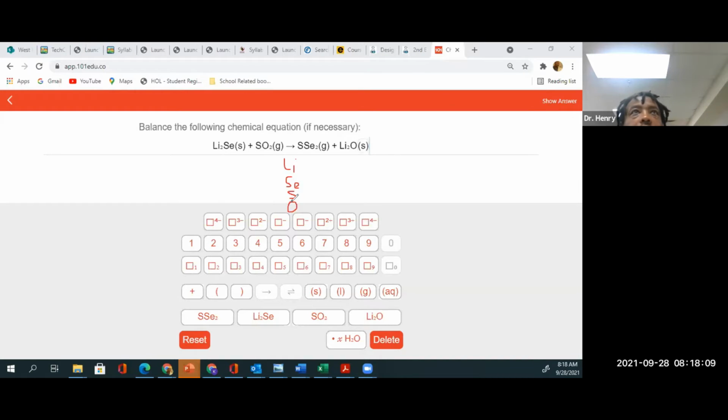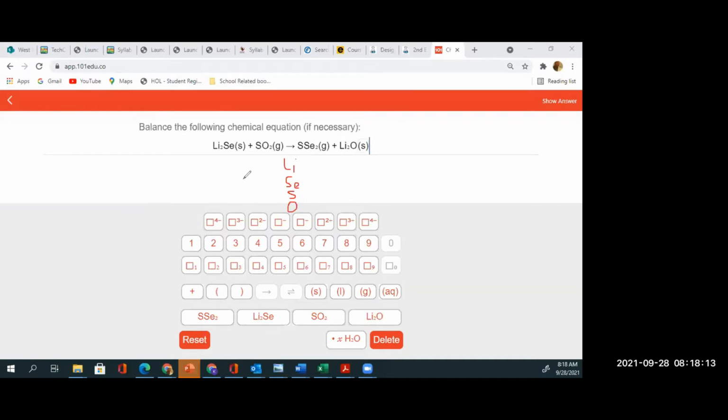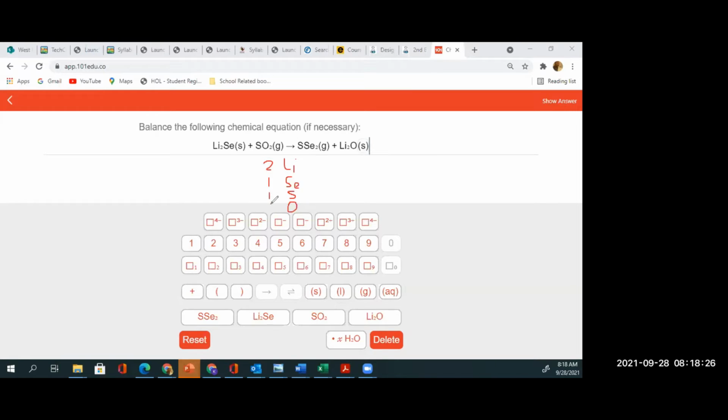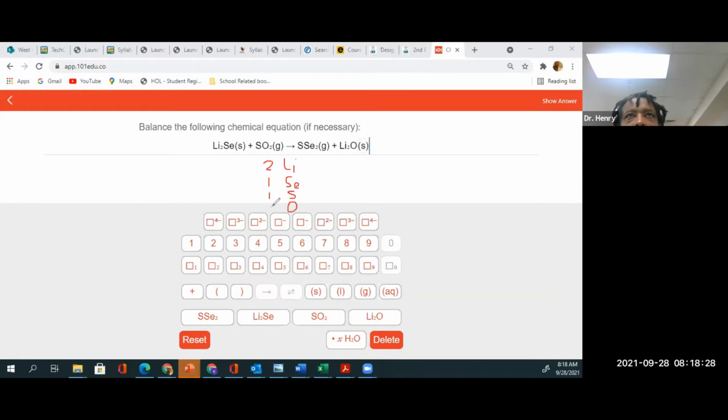Okay, how many Li's do we have on our reactant side? 2. How many Se's do we have on our reactant side? 1. How many S's do we have on our reactant side? 1. How many O's do we have on our reactant side? 2.